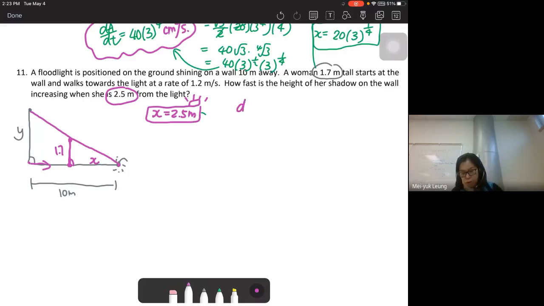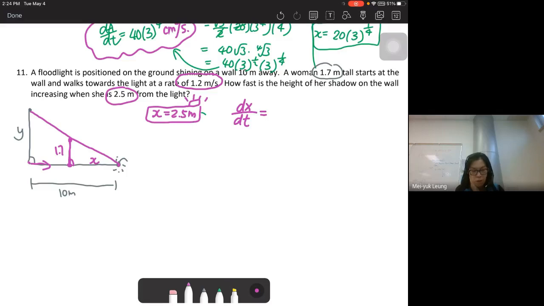Okay, so now let's write down what we know. What we are given is dx/dt. Do we know dx/dt? The dx/dt is related to the walking rate of the woman.